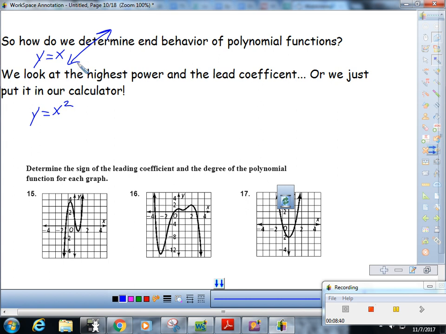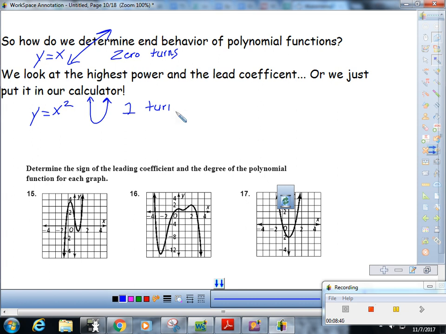No, how many turns? 0. Right? 0 turns. Okay, what's this graph look like? Y equals x squared. It's a parabola. How many turns are there on a parabola? There's 1 turn. Okay, so maybe you see the pattern.